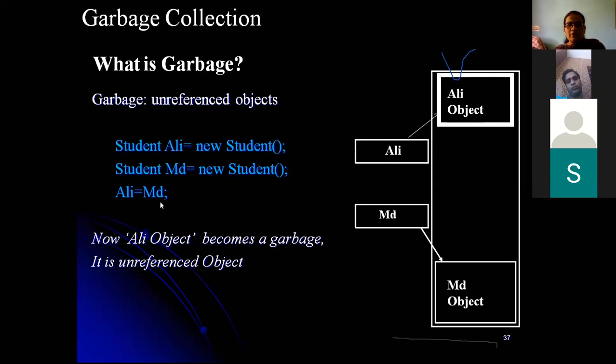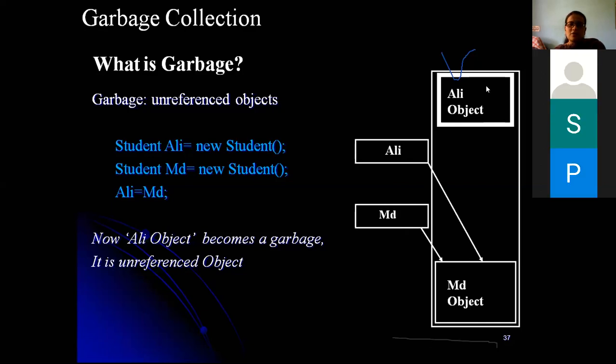Now we are assigning MD to Ali. So Ali is also pointing to MD now, and the earlier reference will not be there. Now Ali and MD both are pointing to the MD object only.